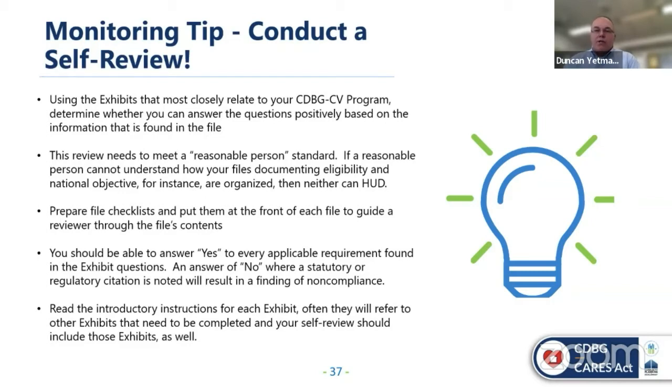Your relationship is not with those businesses. Your relationship is with that UGLG. So that UGLG can do that in IDIS, but they should have that separated out within their records. So that I think should address that question.